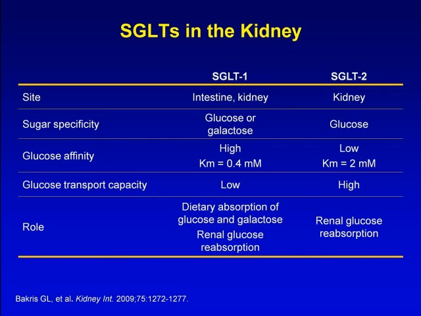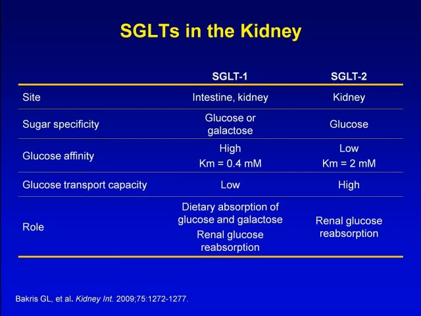SGLT1 is found in the kidneys as well as in the intestines. In the intestine, its main job is to absorb glucose or galactose, while SGLT2 is found mainly in the kidneys, and it's more specific to glucose.